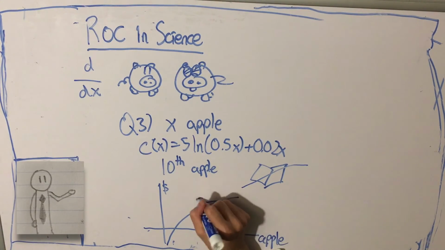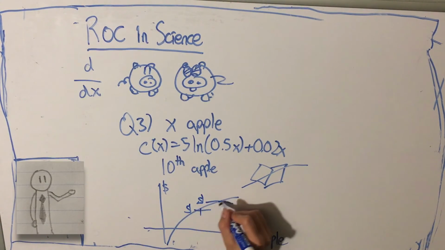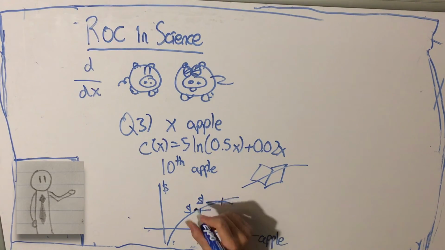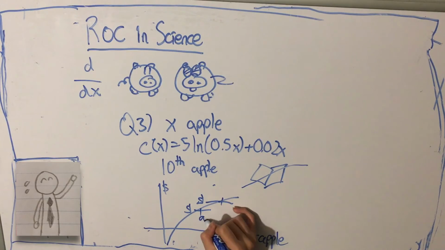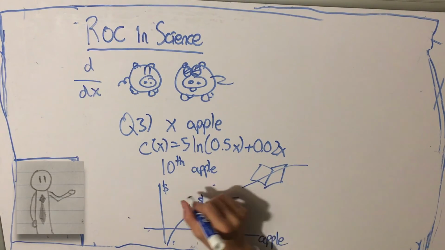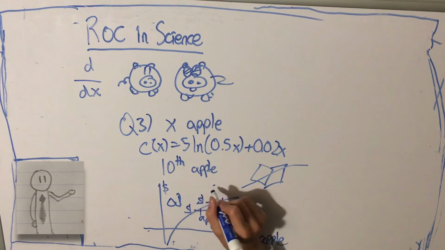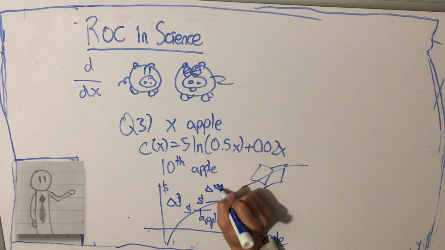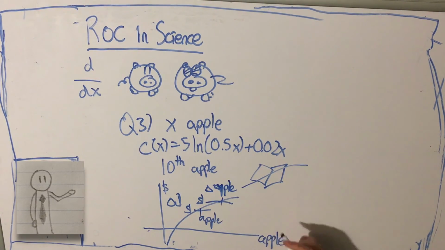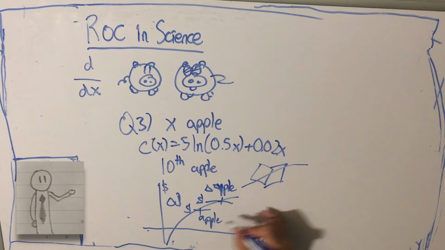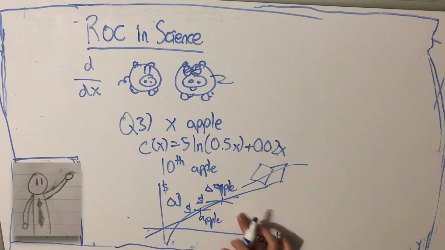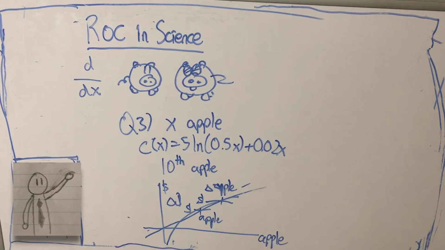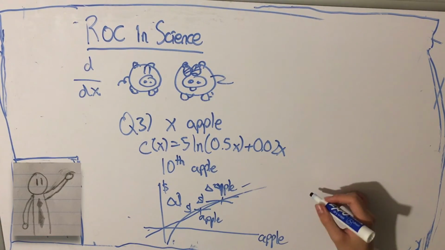As you can see, the marginal price, or the price between 2 points, is just delta dollars over delta apples, or the change of price over the change of apples. So once again, we can use derivatives to estimate the marginal price at a point.